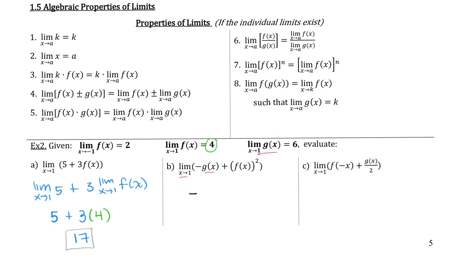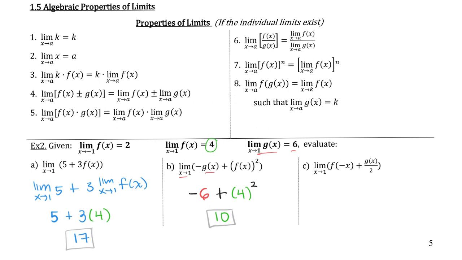That is this one, 6. So negative 6 plus, now I'm going to apply the limit as x approaches 1 to the f of x, and then I'm going to square the result. So limit as x approaches 1 is 4, and then I'm going to square the result. So this is negative 6 plus 16, which is 10.